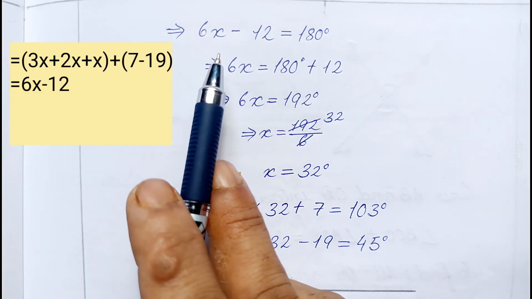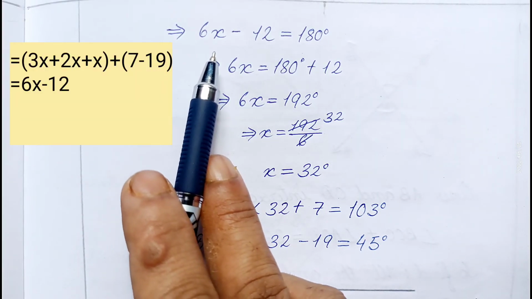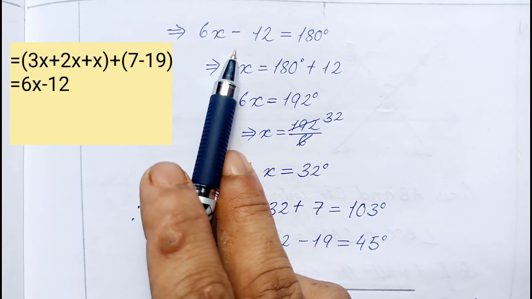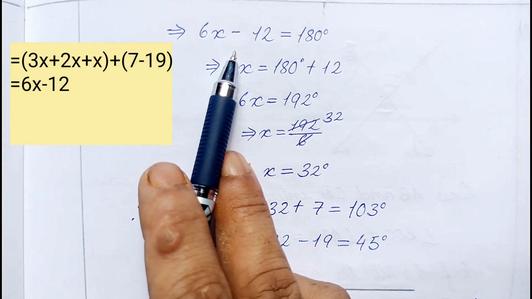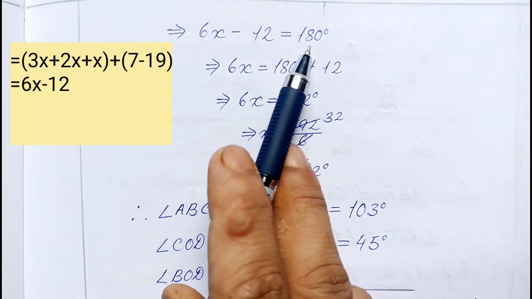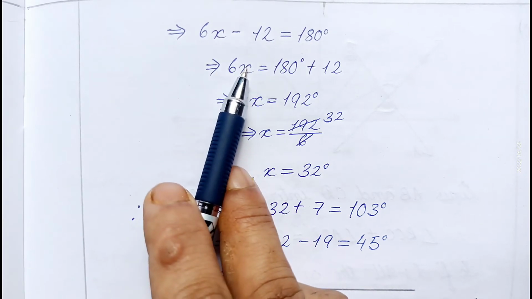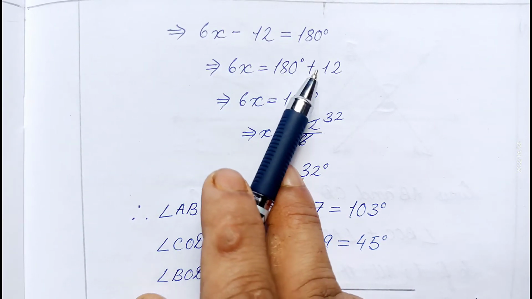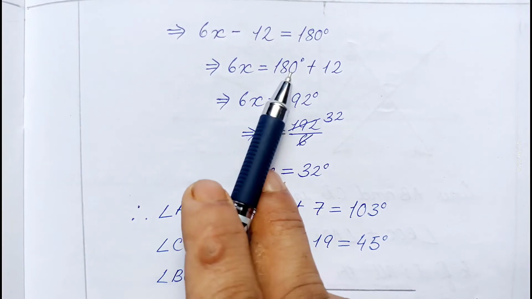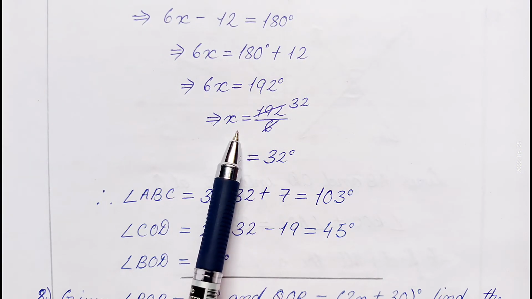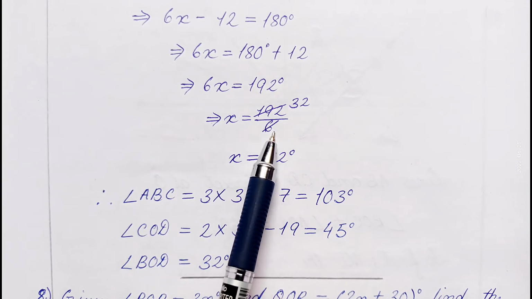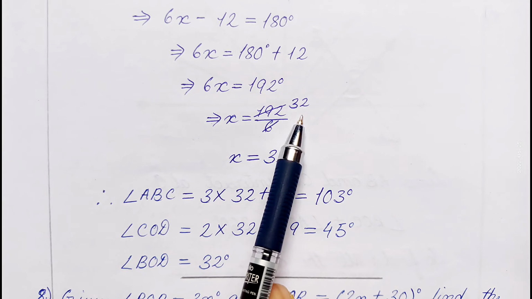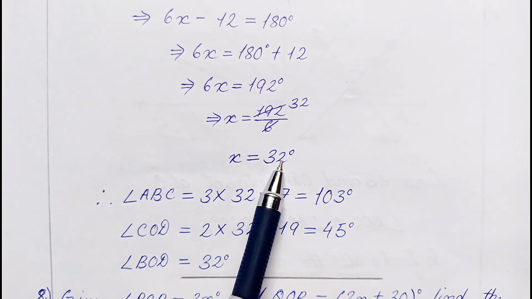So 3x plus 2x plus x will be 6x, minus 19 plus 7 will be minus 12, equals 180. So 6x equals 180 plus 12. 6x equals 192. So x equals 192 by 6. If I cancel, I will get 32. Therefore, x equals 32 degrees.